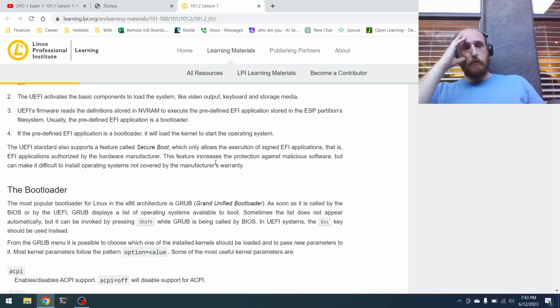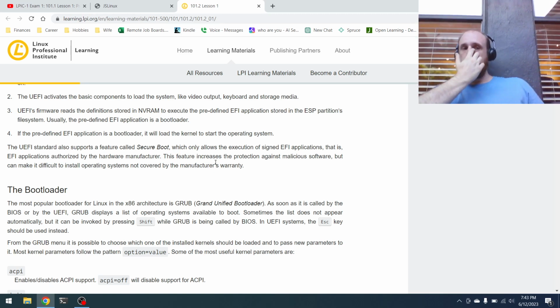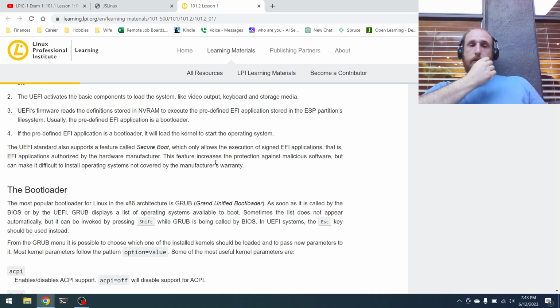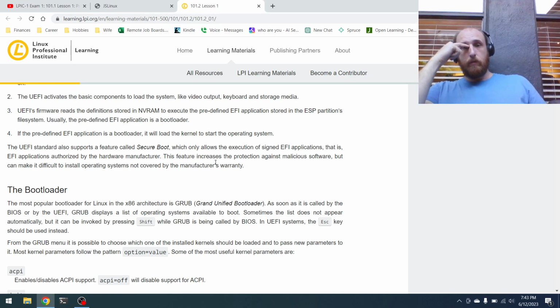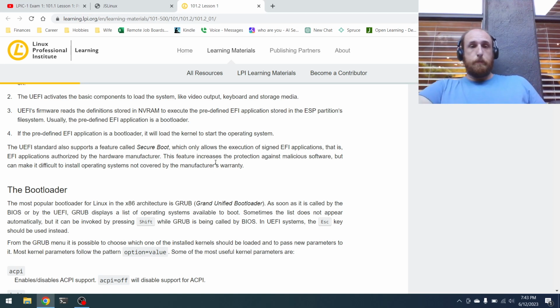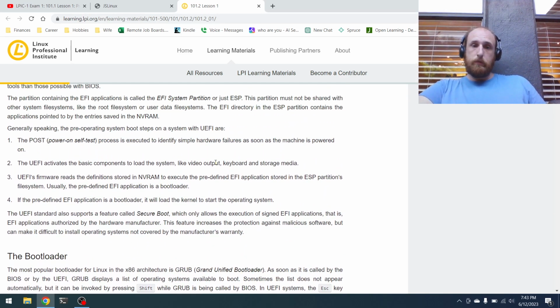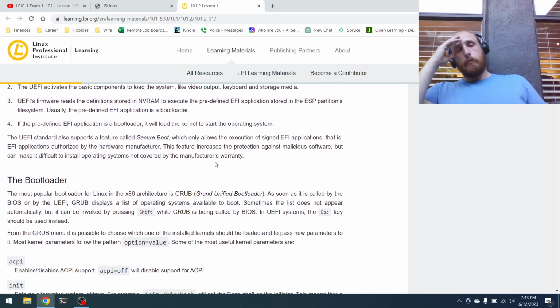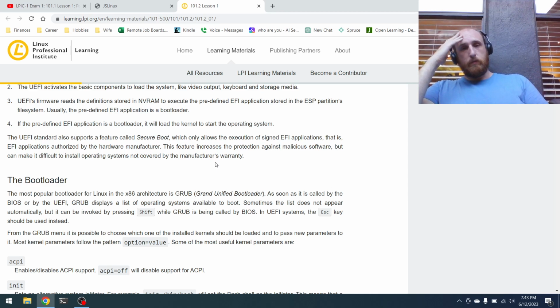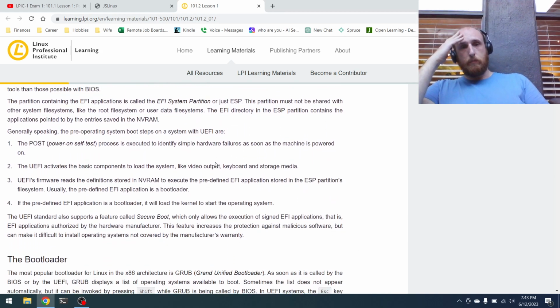The UEFI's firmware reads the definitions stored in NVRAM to execute the predefined EFI application stored in the ESP's partition file system. Typically, the predefined EFI application is a bootloader. Step 4. If the predefined EFI application is a bootloader, it will load the kernel to start the operating system.